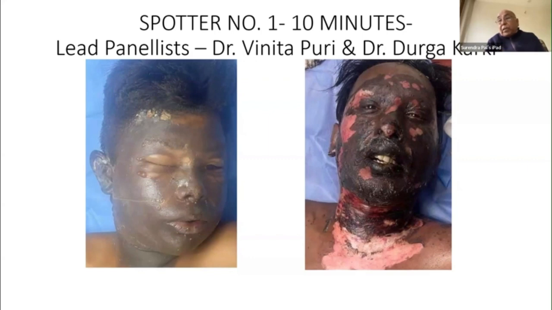So you have to think in those terms. And there are no frothy secretions coming out, nor any burns on the upper mucous membrane. Therefore, there is no question of thinking in that way. Now the second question which was asked, that we will put down the IV line. There are only 2 or 3% burns here. So yes, you will have an IV line if any problem comes up.